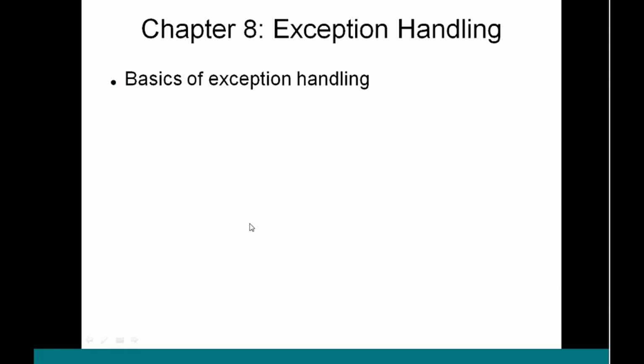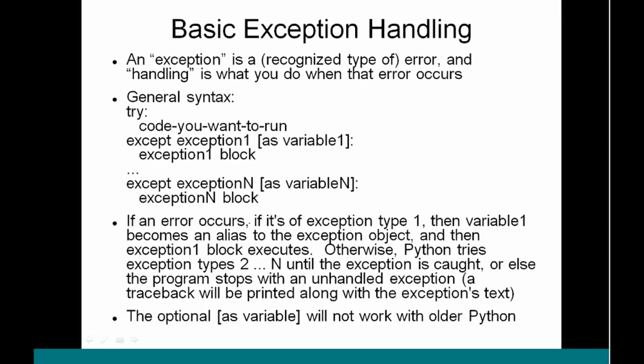This is when you have some exceptions generated inside the code. How does the program handle it? How do we handle it? Things like that. That's what we talk about. So the exception in general is a recognized type of error, and handling is what you do when that error happens.